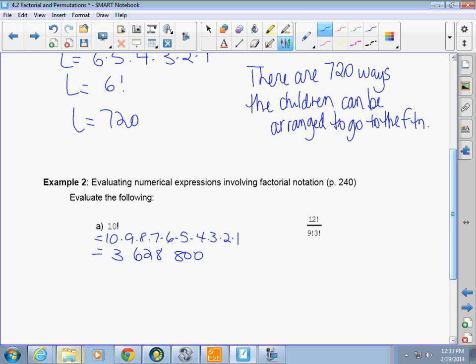If I have 12 factorial divided by 9 factorial times 3 factorial, I just write these out and put that all over 9 times 8 times 7 times 6, 4, 3, 2, and 1, and then times 3 times 2 times 1.